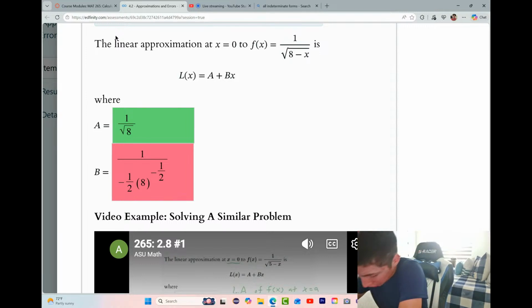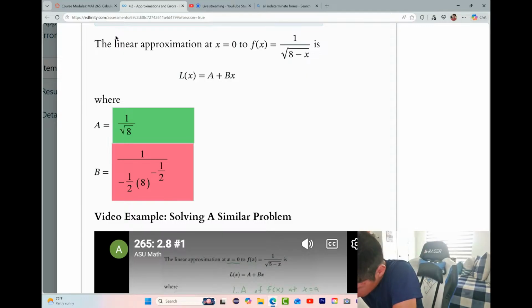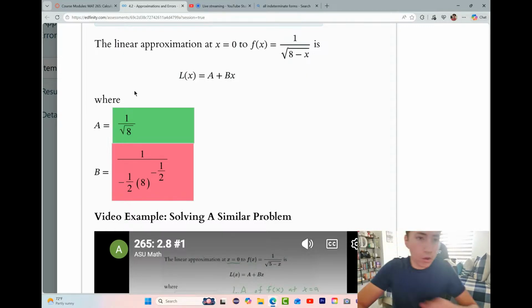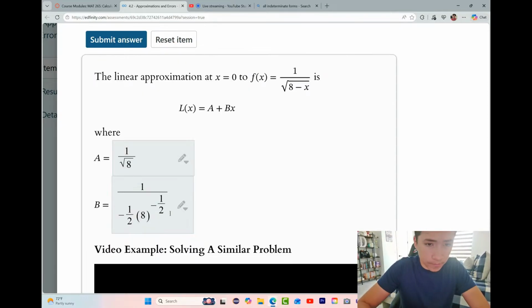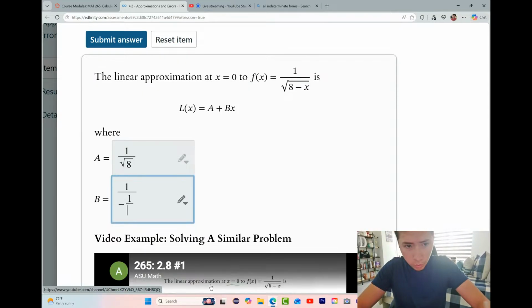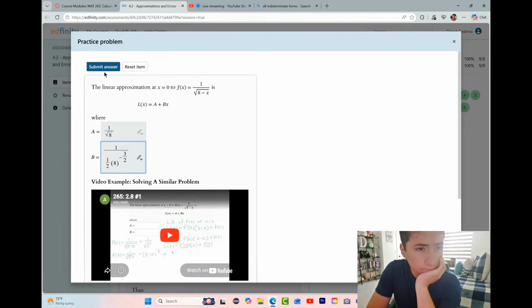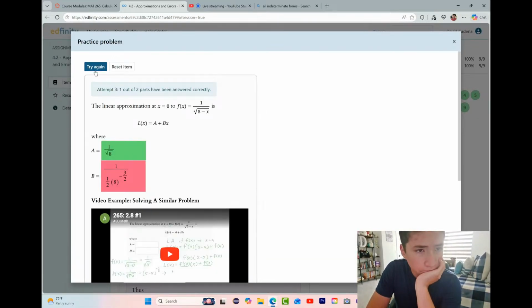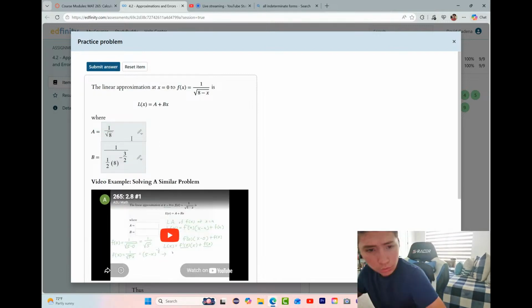So if that's the case, which it is, we get negative 1/2. Oh, whoops, sorry, just 1/2, 8 to the power of negative 3/2.